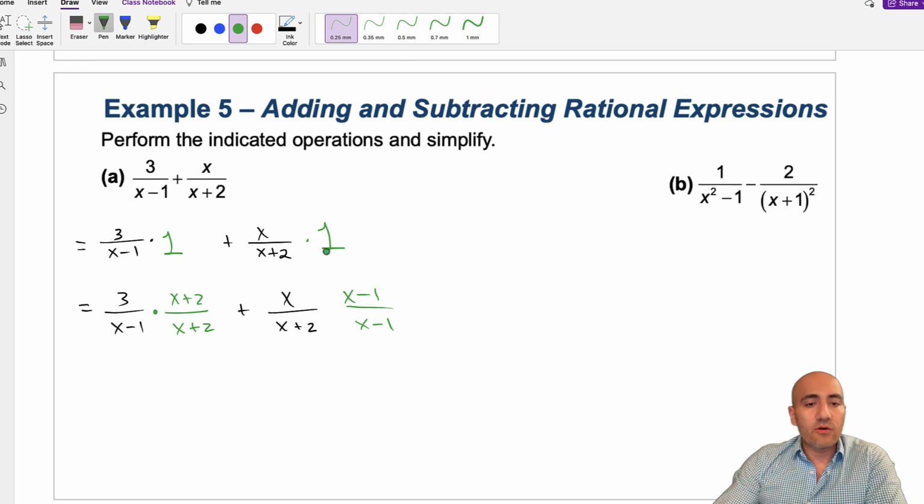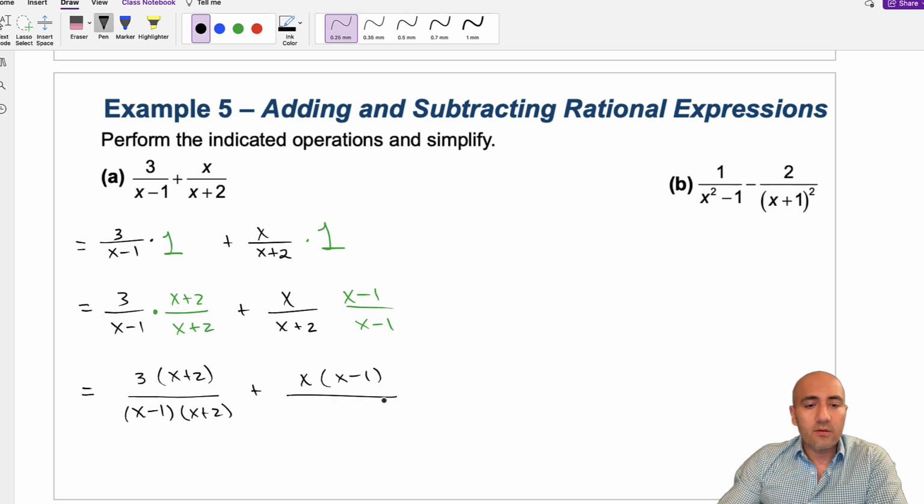A new version of 1, I'm allowed to do that. Now, when I multiply these fractions, I'll end up with 3 times x plus 2 divided by x minus 1 times x plus 2, plus x times x minus 1 divided by x plus 2 times x minus 1.